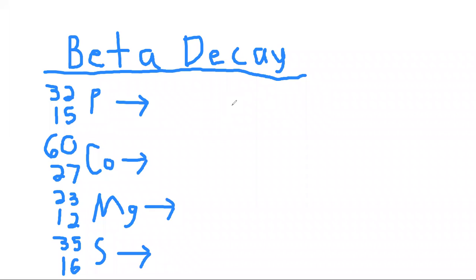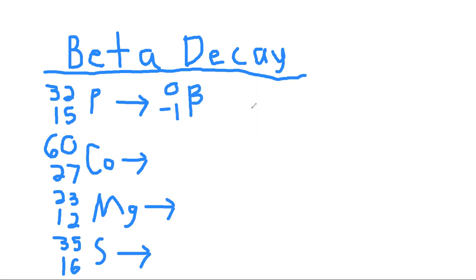Okay, so now we're going to be doing beta decay with these 4 elements. So first, we need to know what our beta decay particle is. So for beta decay, it's going to have a mass of 0 and an atomic number of -1.